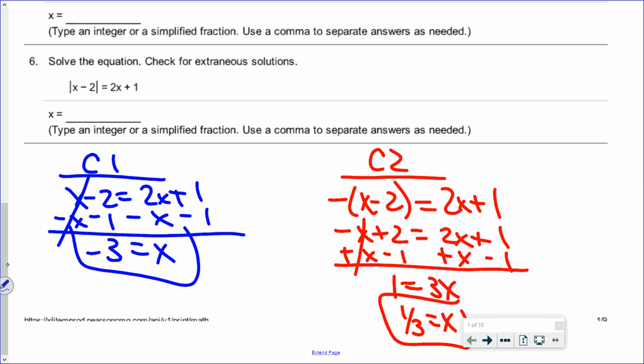You are not done. If you put both of those answers here, then you have not checked for extraneous solutions. Extraneous solutions are solutions that algebraically work, but numerically do not. So what you have to do is come over to your calculator.